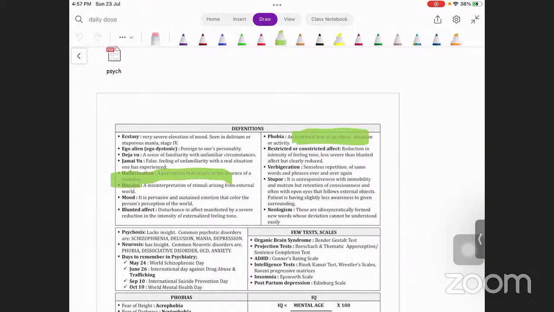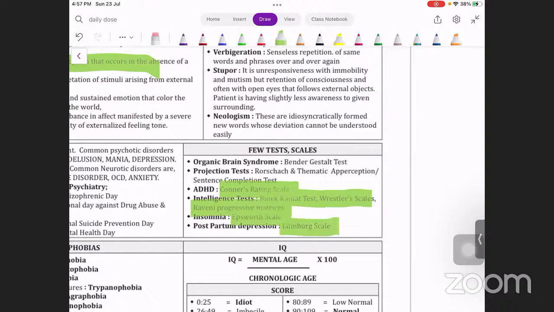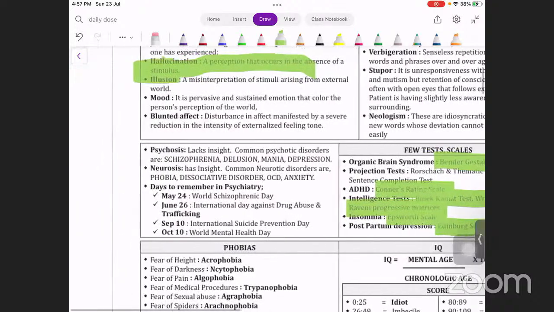What are the few important tests in psychiatry? ADHD: Conners rating scale. Intelligence test: Binet test or Raven's progressive matrices. Insomnia: Epworth scale. Postpartum depression: Edinburgh scale. Organic brain syndrome: Bender Gestalt test.